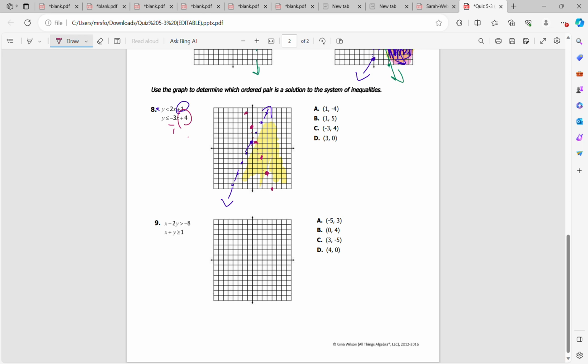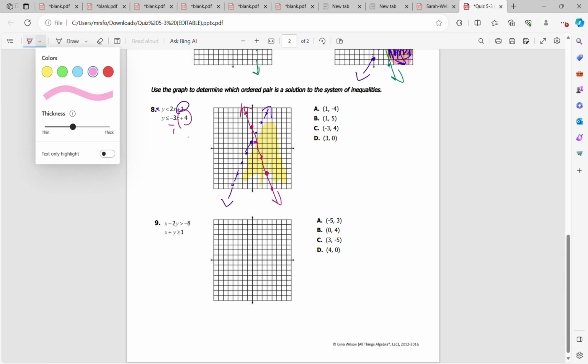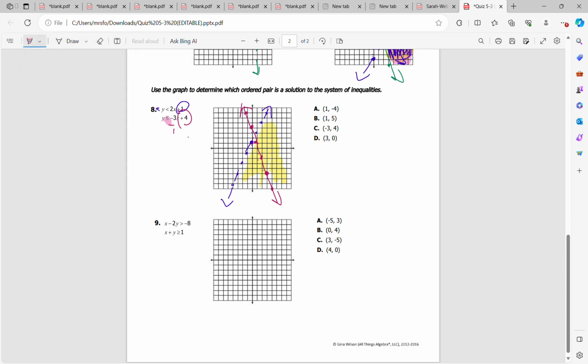And this is a solid line, which, like I said, drawing on this thing is hard, but doable. And then it says it's a less than as well, so we want to shade below that. And so the solution is where the two sections overlap, which would literally be right here. So that's your solution.